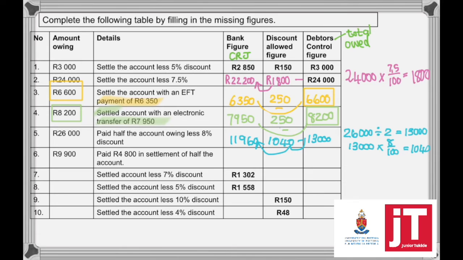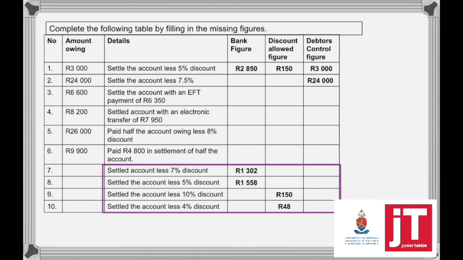Half of 9,900 is 4,950. They paid 4,800, so there's 50 Rand discount. Then the last ones are slightly more difficult because they don't give me the amount owing, and I have to work back from the bank figure to the debtor's control figure or the discount figure. So on the next slide, we look at this section in more detail.